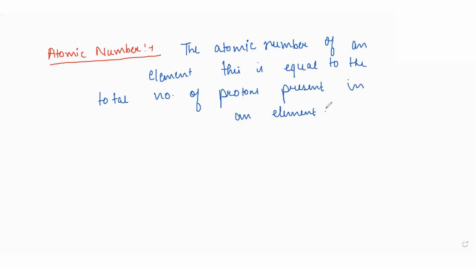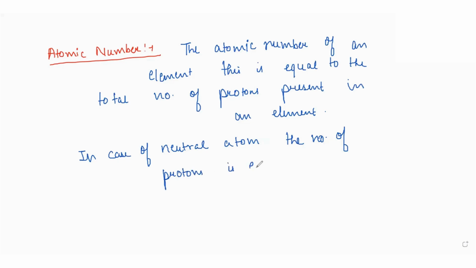But if it is not a neutral atom, you will see charges. So in case of a neutral atom, the number of protons is equal to the number of electrons.